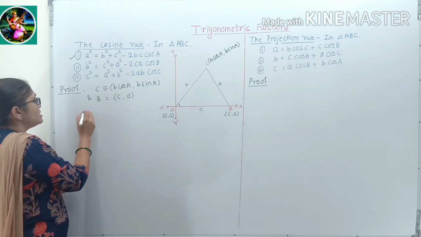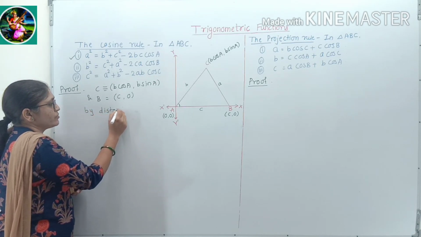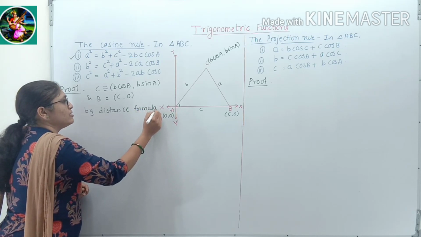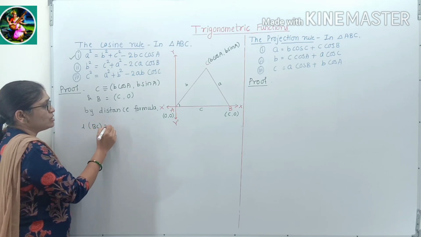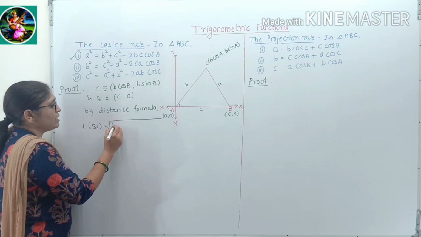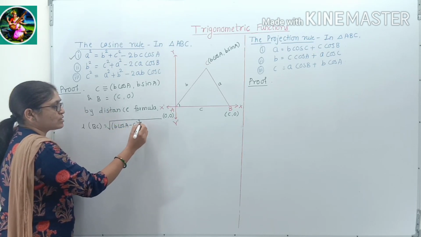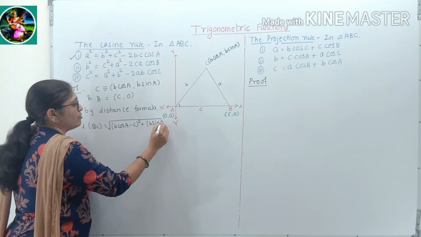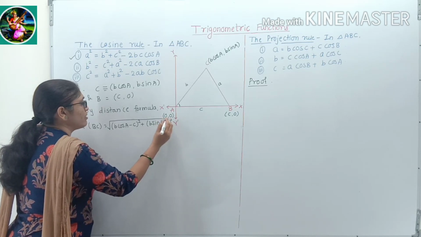Okay, by the distance formula, the length of BC is equal to the square root of (b cos A minus c) whole square plus (b sin A minus 0) whole square.